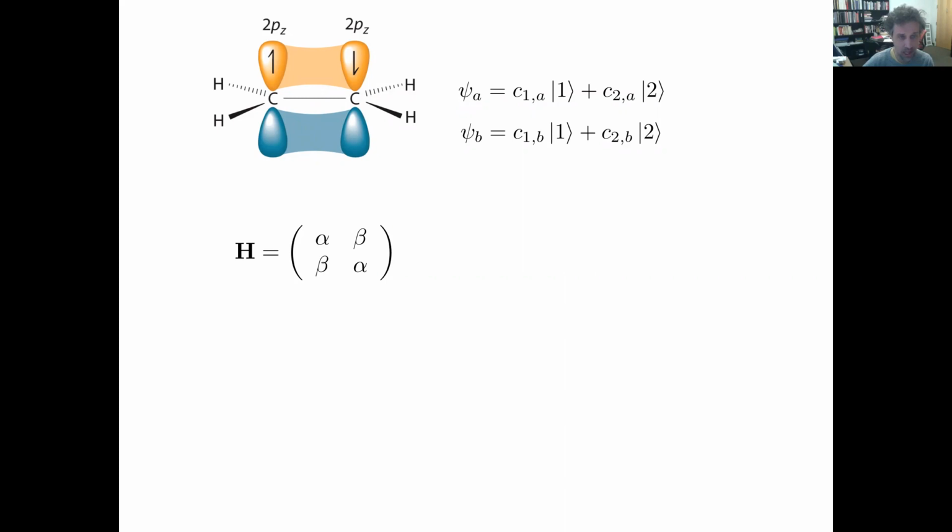Just to remind you, these alphas and betas, what are they? Alphas are defined as the diagonal elements of the Hamiltonian matrix, whereby the states 1 and 2 are the atomic states. The Hamiltonian is not an atomic Hamiltonian. It's a Hamiltonian of the entire system of the 2 atoms.